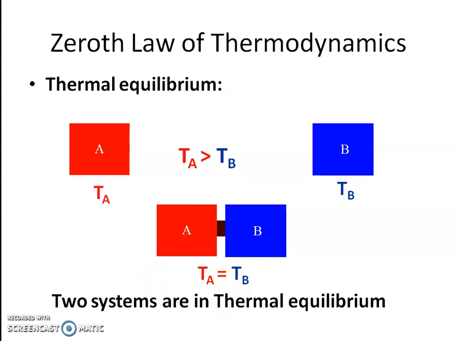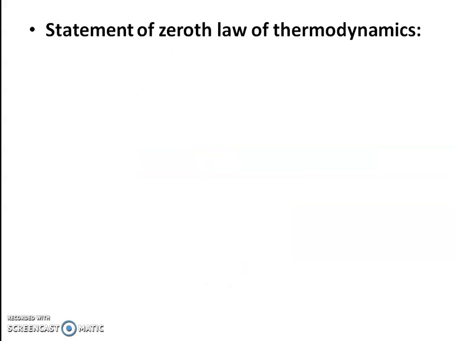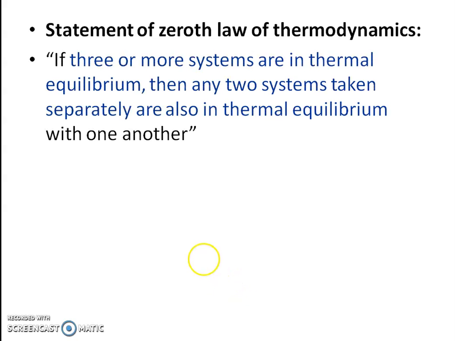So once you know the meaning of thermal equilibrium, the statement of the zeroth law of thermodynamics is very simple. The zeroth law of thermodynamics states that if two or more systems are in thermal equilibrium, then any two systems taken separately are also in thermal equilibrium with one another.